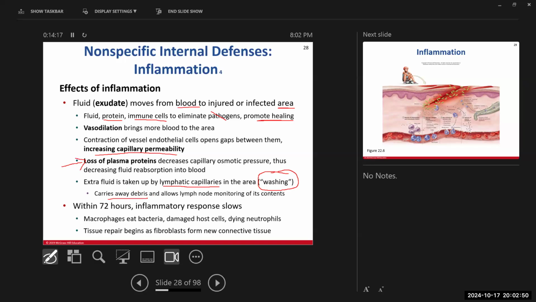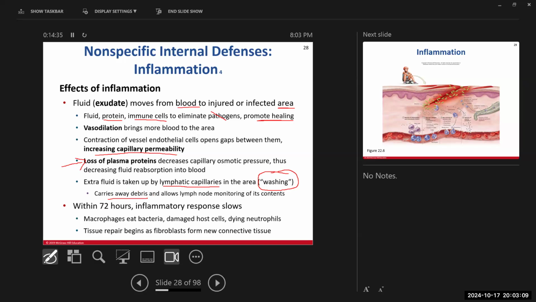And which is good because here's the thing. When we wash things into the lymphatic system, we just talked about in chapter 21 in lab what the lymphatic system does, right? We talked about lymph nodes. We talked about the spleen and all those secondary lymphatic structures. They're going to be loaded with white blood cells.